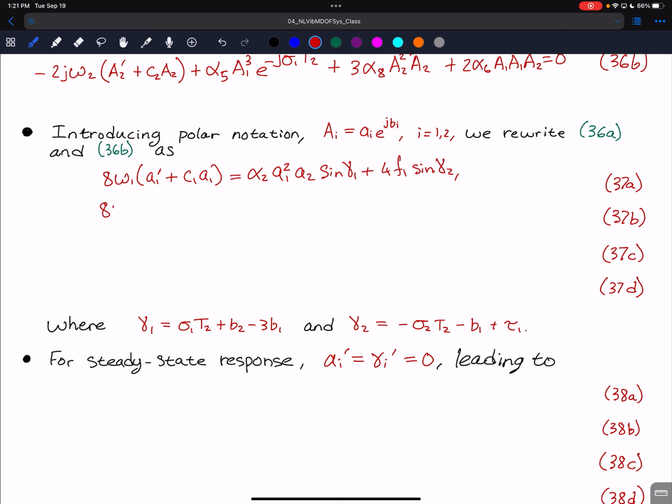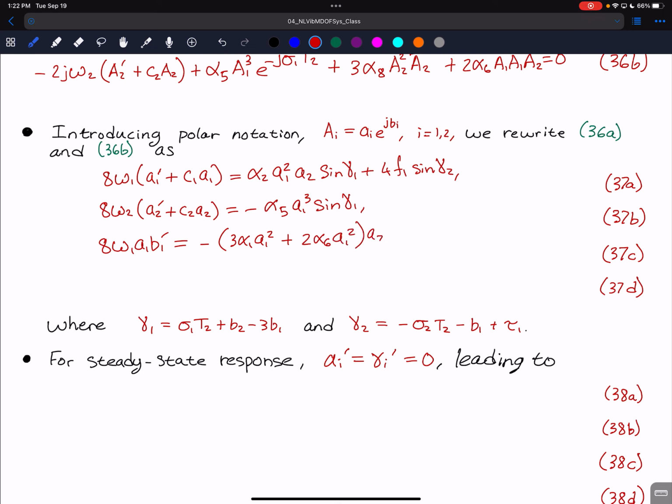And then our second equation is 8 omega 2 times A2 prime plus C2 A2 equal to minus alpha 5 A1 cubed sine gamma 1, and then 8 omega 1 A1 B1 prime equal to minus 3 alpha 1 A1 squared plus 2 alpha 6 A1 squared.